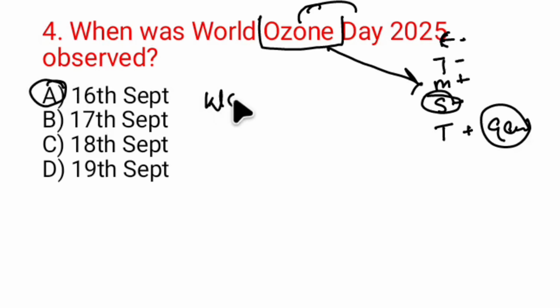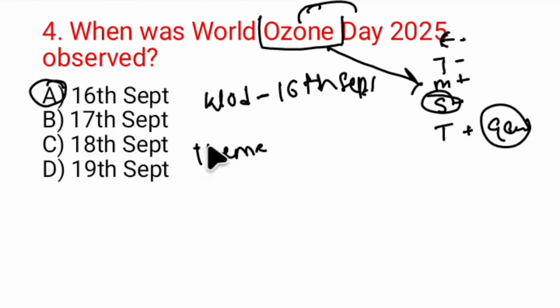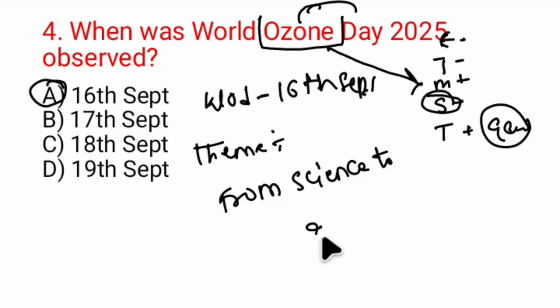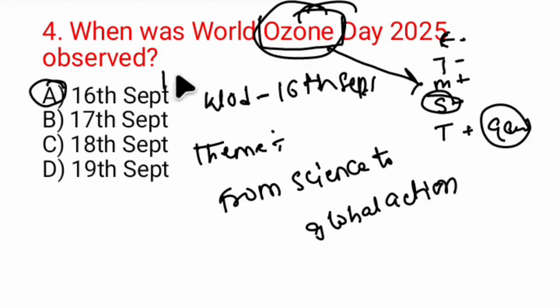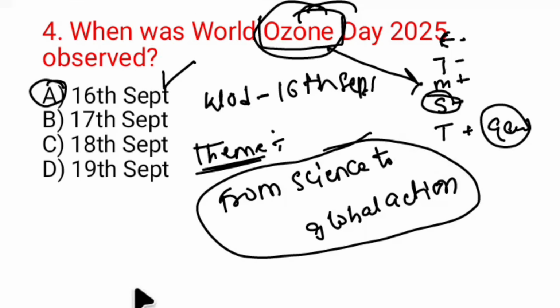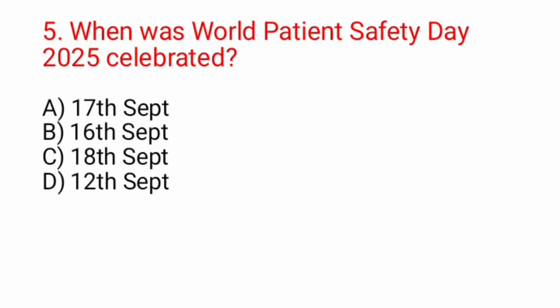Remember, World Ozone Day is observed on 16th September, and the theme for the day is, remember, from science to global action. So this is related to question number 4, 16th September. Option A is the right option.